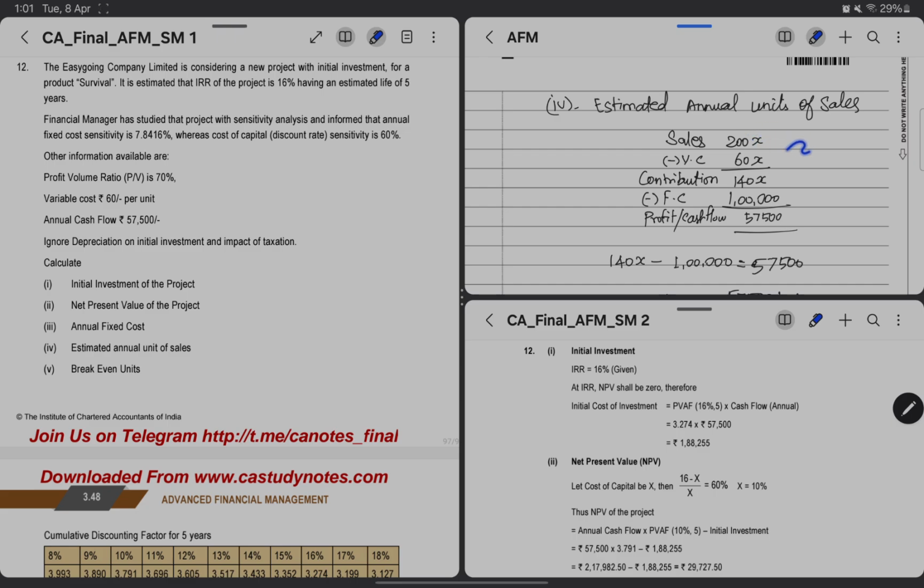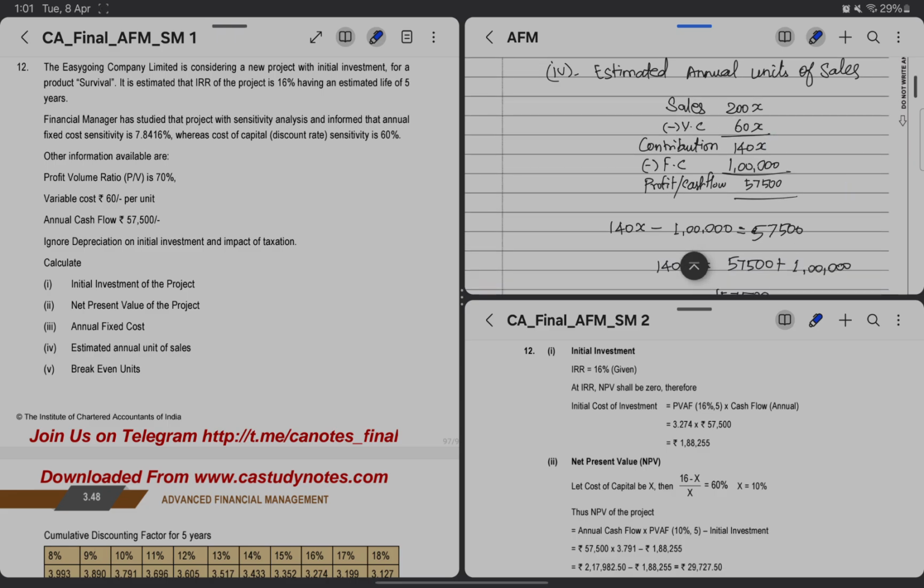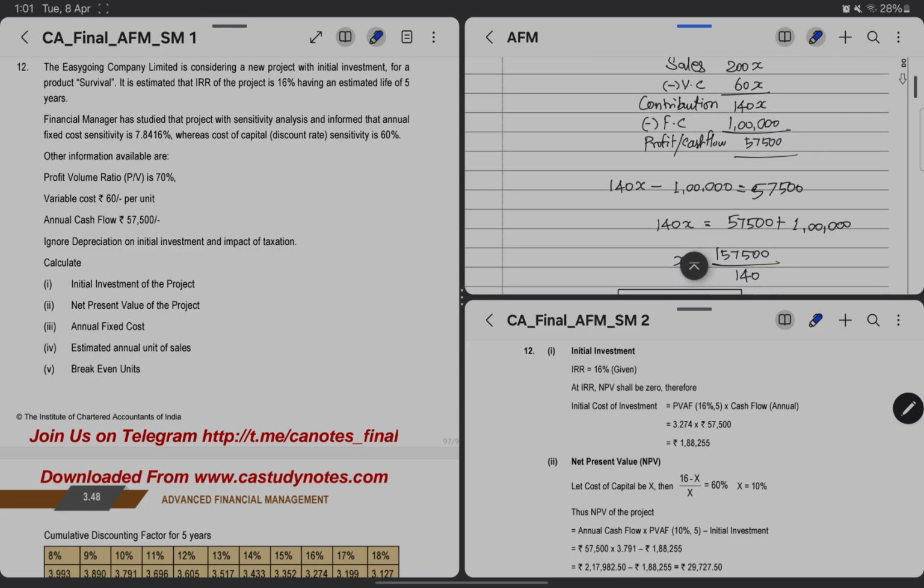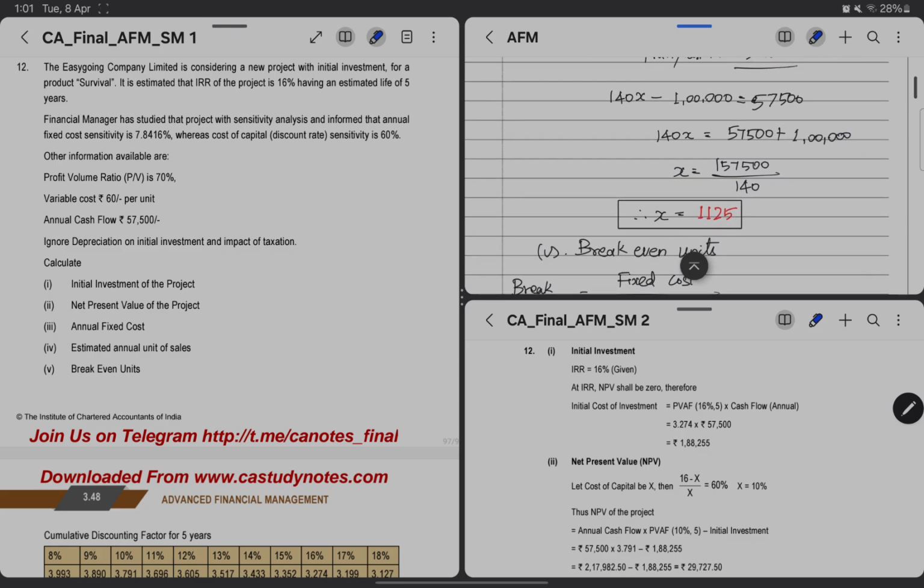Keeping 200 into X, because the annual units of sales we are keeping as X, we will get the value of 140X. Now going further, we know fixed cost is 1 lakh and we know the annual cash flow is also 57,500. Keeping this, we will get the annual units of sales, which is coming up to 1125.